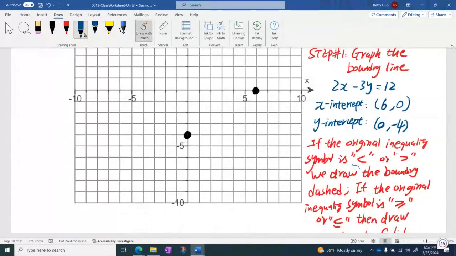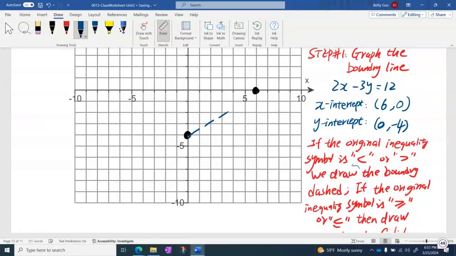I'm going to use the blue color. I'll just hand draw it.